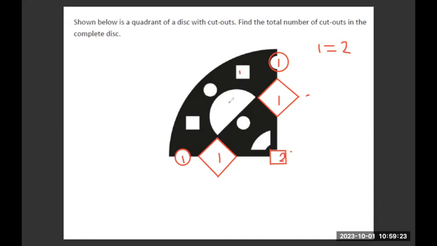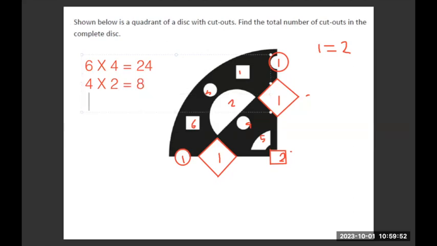So 1, 2, 3, 4, 5, and 6. So 6 into 4, all these 6 pieces will be repeating 4 times, which will be 24. 1, 2, 3, 4. 4 cutouts are repeating twice, which will be equal to 8.